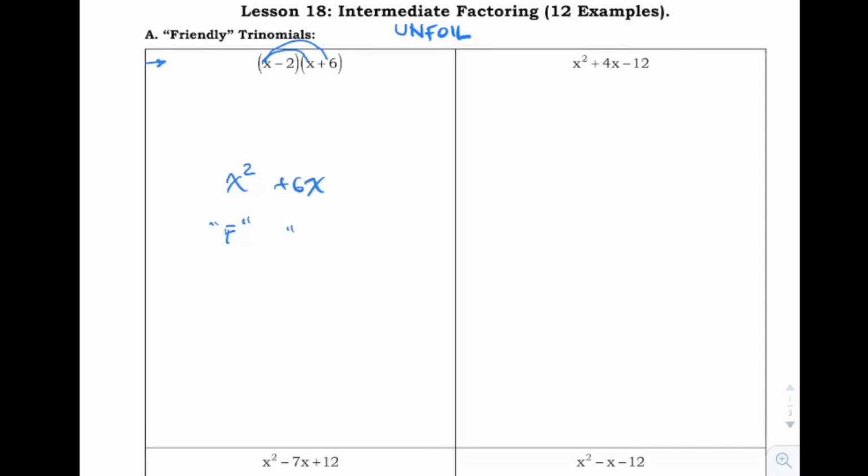You could say we just multiplied the outside terms together. And then the minus 2 times the x, which you could say is multiplying the inner terms together. And then the negative 2 times the positive 6 makes a minus 12, which is basically multiplying the last terms together. So this is where the word foil comes from.